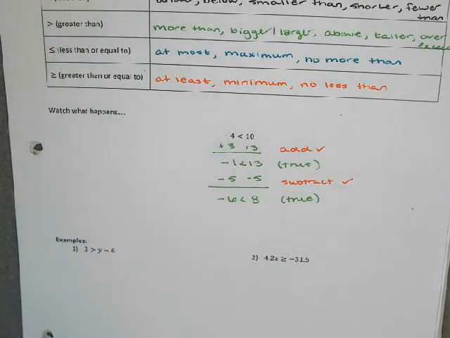All right, so we've added, that worked out fine. We've subtracted, that worked out fine. Now, what happens if we are to multiply by a number? So let's multiply both of these sides by 2.